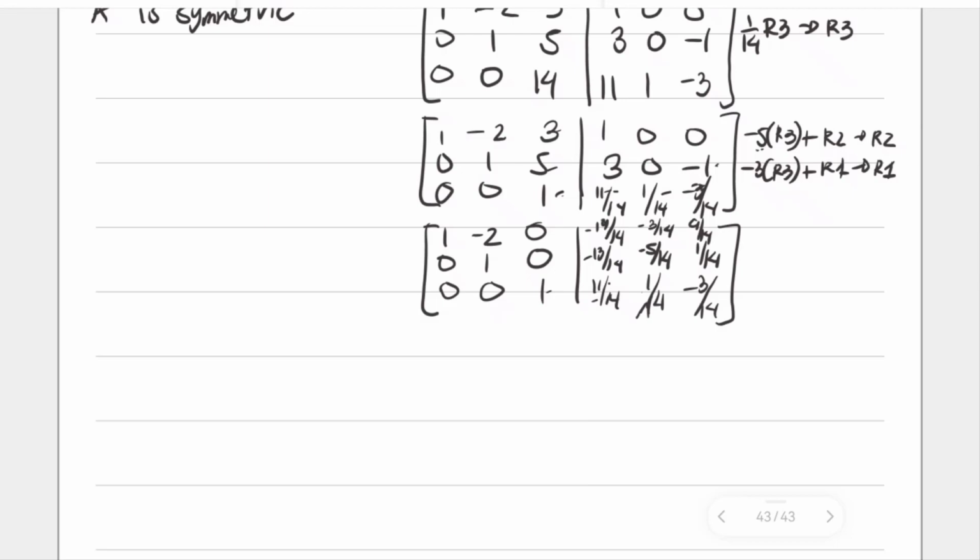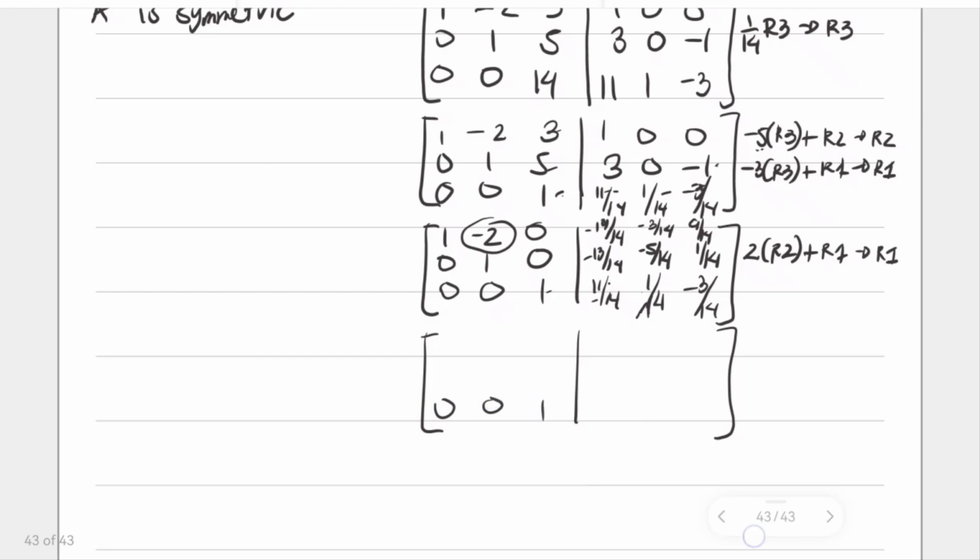So to remove this now, we're going to multiply 2 to our row 2 and add it to row 1 for a new row 1. So that here, this is 0, 0, 1. This is 0, 1, 0.